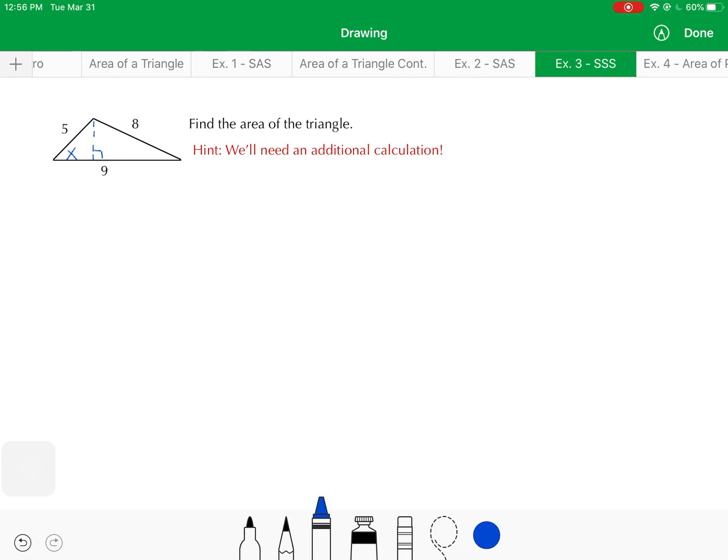Okay, I can find that value with the law of cosines. So the opposite side length to that angle X is 8. I'm going to square that and equal it to the other 2 side lengths squared and added together, subtracted by 2 times their product times cosine of that angle I'm trying to find. So simplify here a little bit.